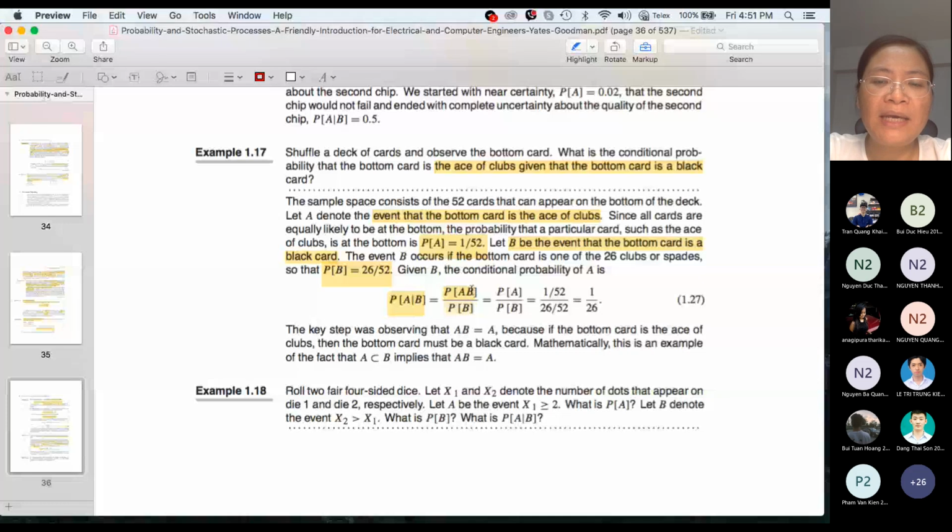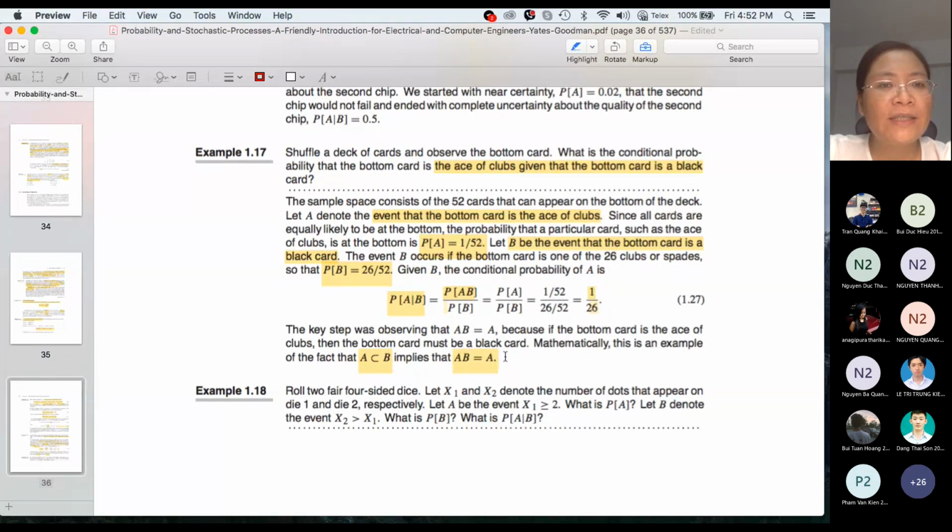However, A and B means black and ace of clubs, so it is P of A over P of B. So the probability is 1 over 26. Here A is a subset of B, so A and B equals A.